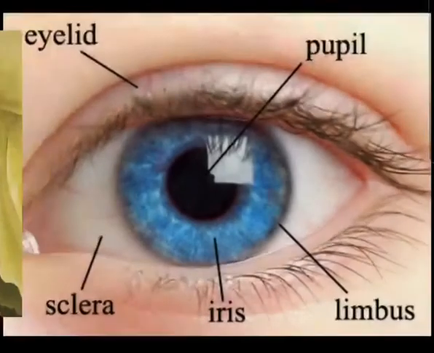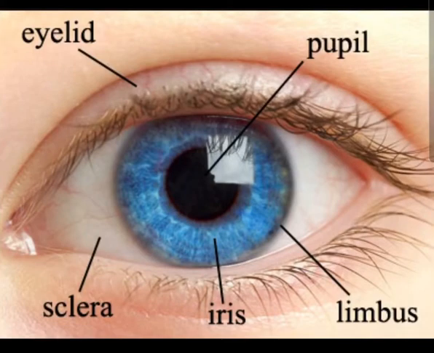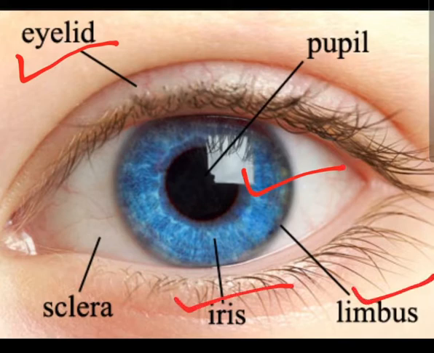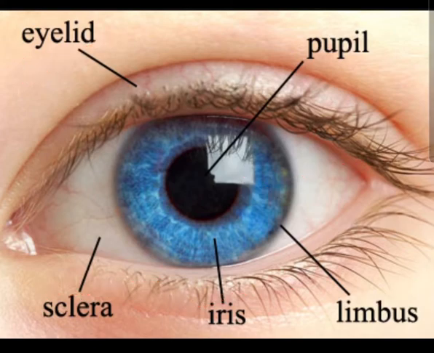Now when we look, the front view of our eye looks like this: eyelids, this is pupil, limbus, iris and sclera. So this is the outer look of our eye. Now after the socket, as they are placed inside the socket, they are also protected by 2 lids, and these are the upper eyelid and lower eyelid.